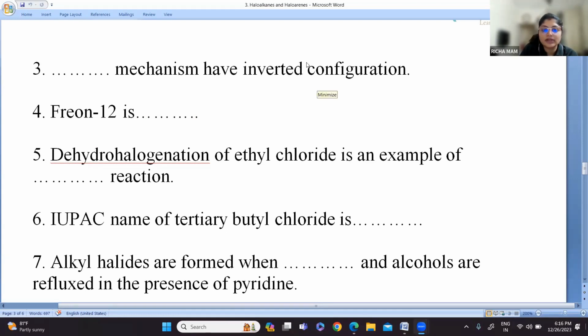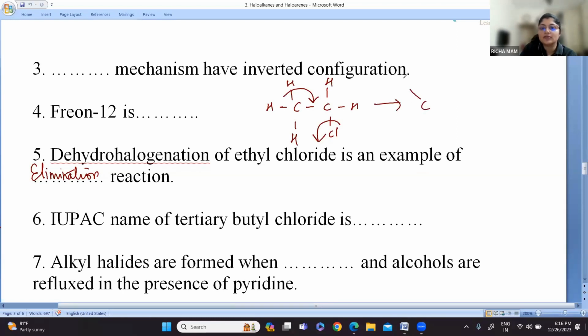It is an elimination reaction. See here, hydrogen and Cl are removed, so there is elimination of hydrogen chloride.